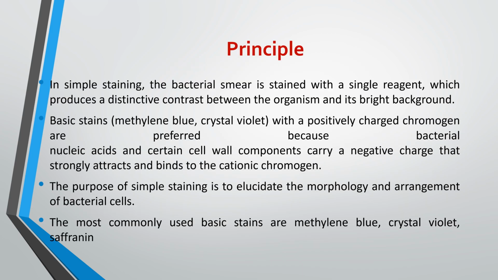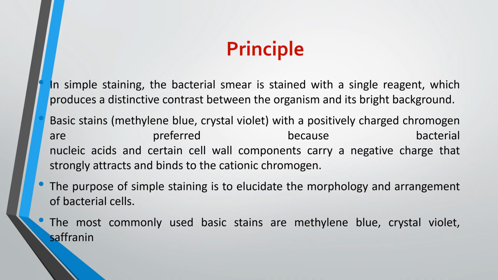Then coming to the principle behind simple staining. In simple staining, a bacterial smear is stained with a single reagent which produces a distinctive contrast between the organism and its bright background.